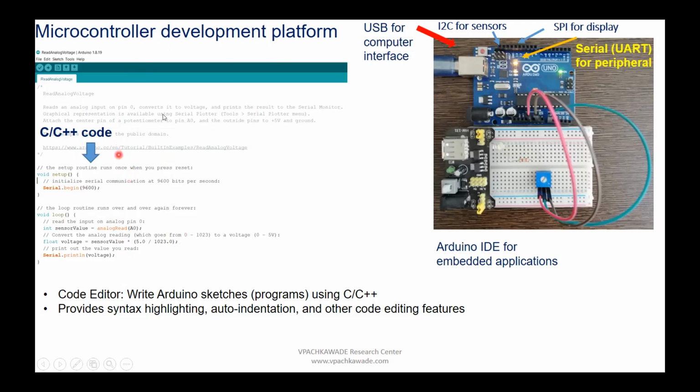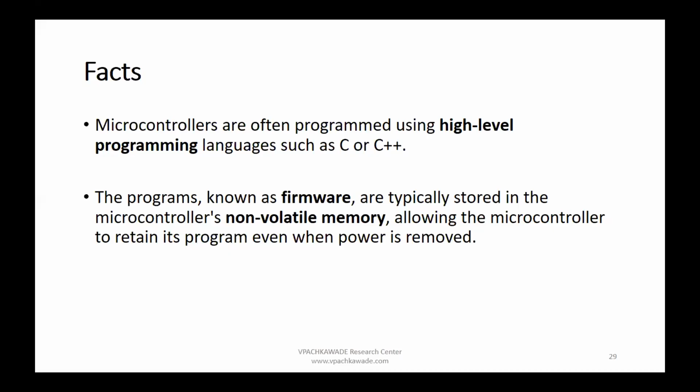This platform provides syntax highlighting, auto indentation, and other code editing features automatically. And in the picture, you see how the hardware, the Arduino board or some other external hardware, is interfaced with the software through this USB cable. We'll explore that later.